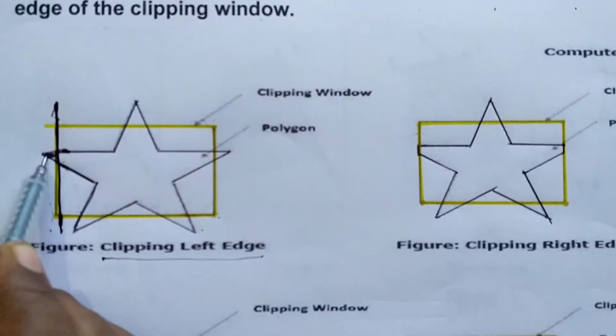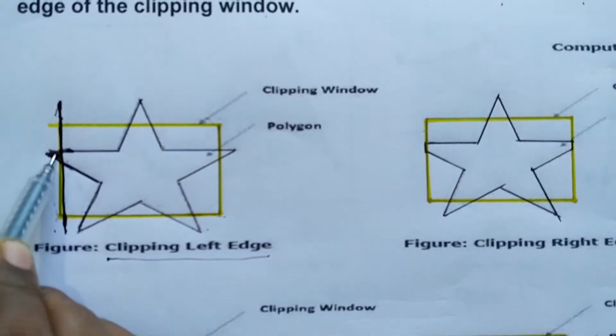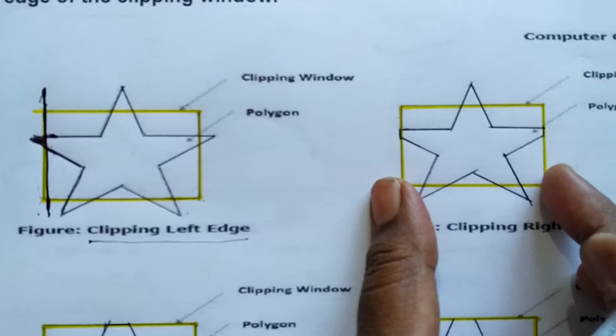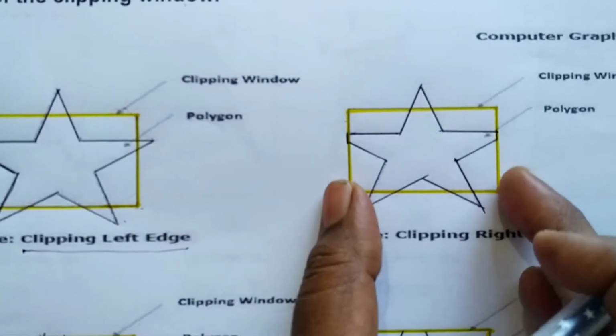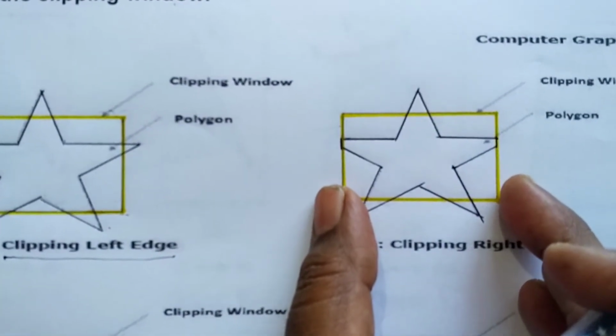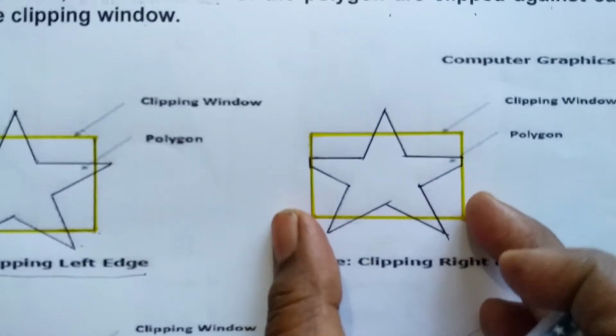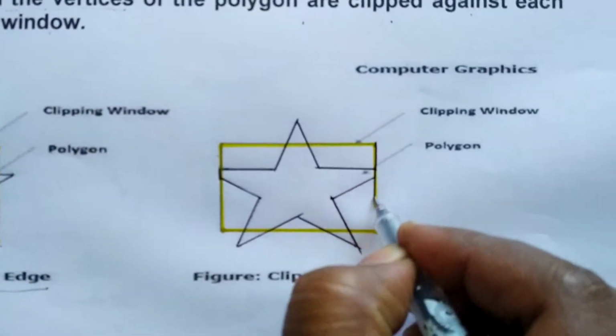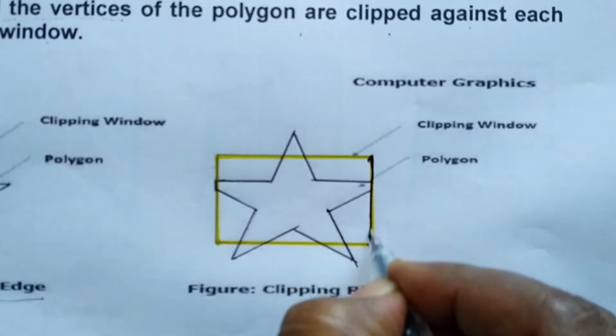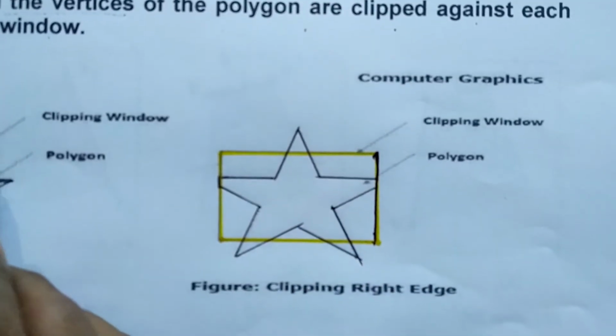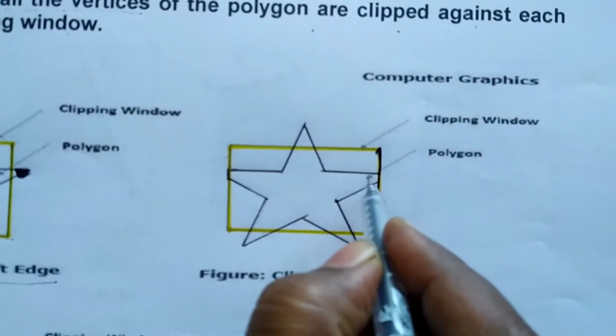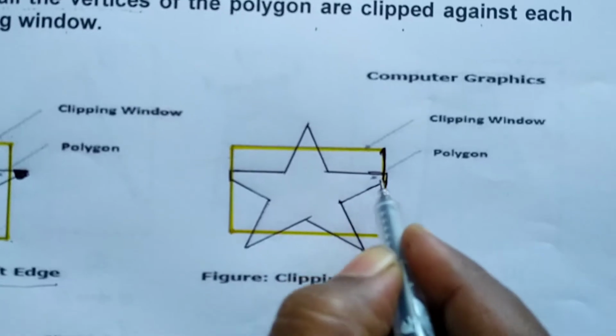So the portion has to be clipped. After clipping this, we will get the image like this. In this image, we are clipping the polygon against the right edge of the clipping window. If this clipping portion is removed, then we will get the image like this.